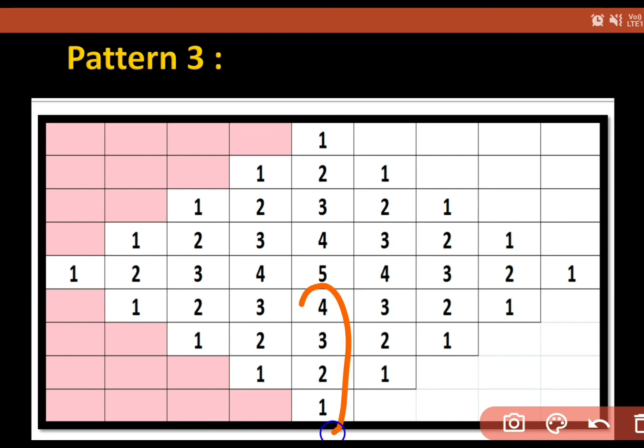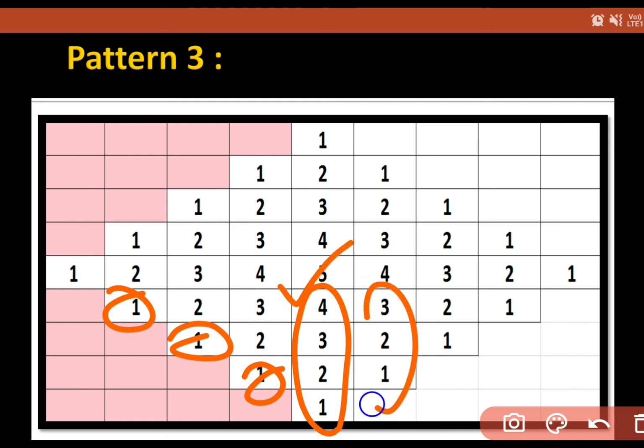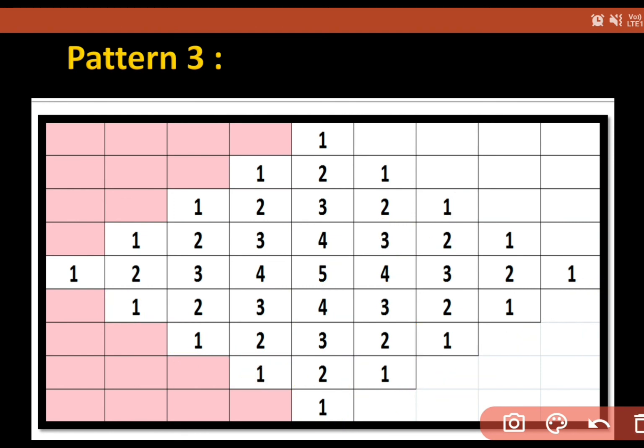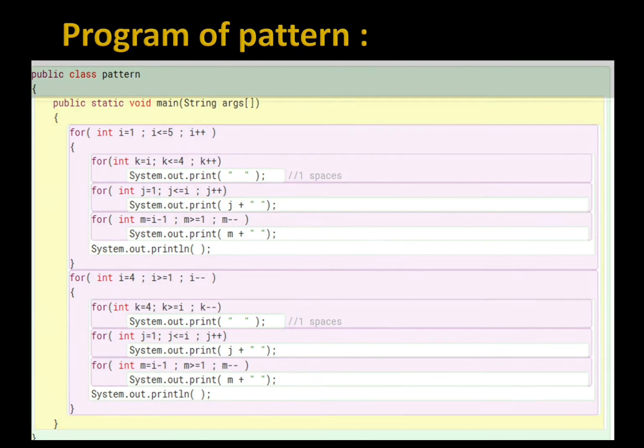Now our logic should differ a little bit. I varies from 4 to 1, J varies from 1 to I, and the next value always I minus 1 to 1. Now see what differs.